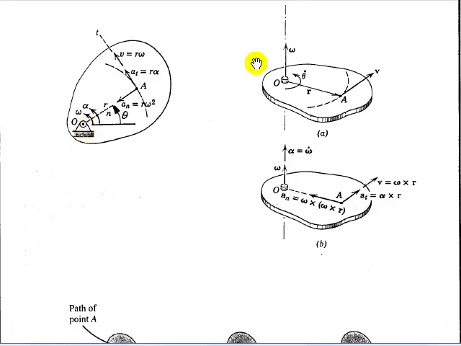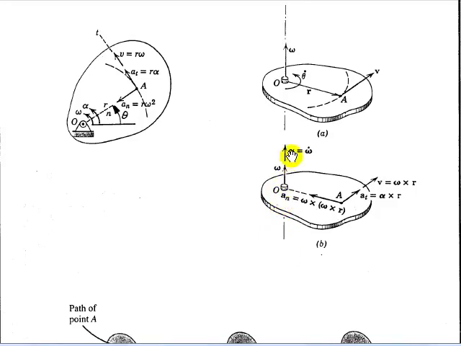Now, if we look at some of the same things, though, but we look at it from a 3D point of view, we're still talking about an object rotating about a fixed point, and we're still talking about an object that has planar geometry, and the object is rotating in its own plane. But we will look at this in 3 dimensions.